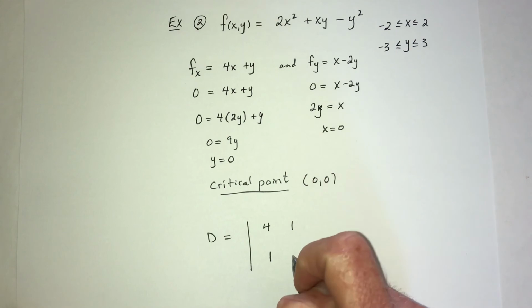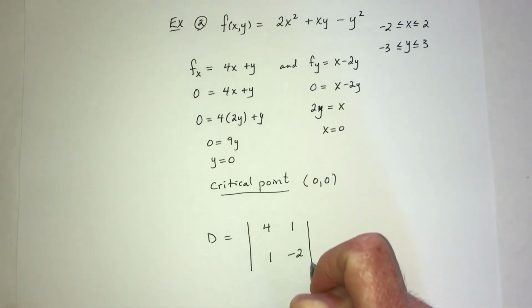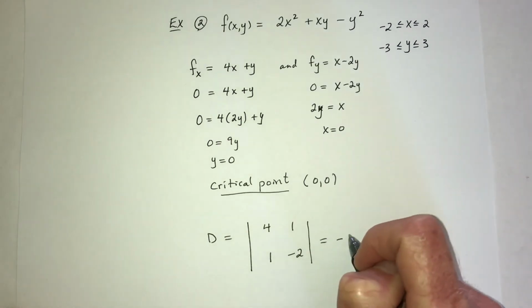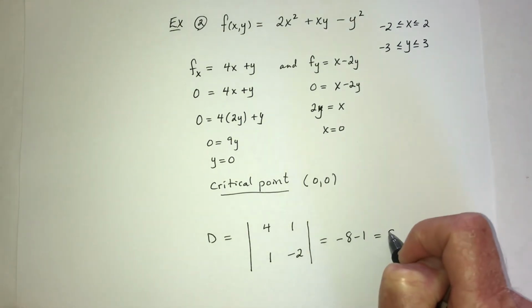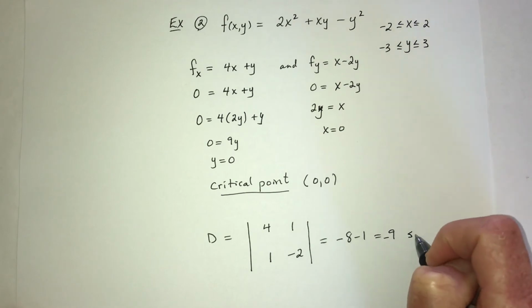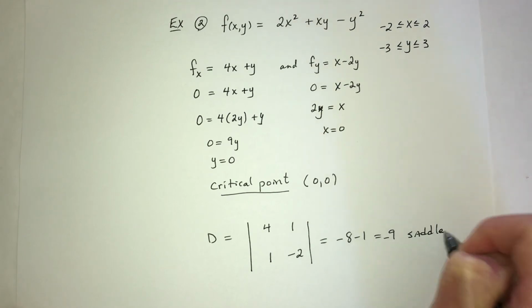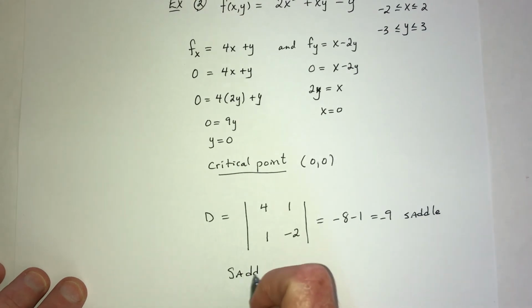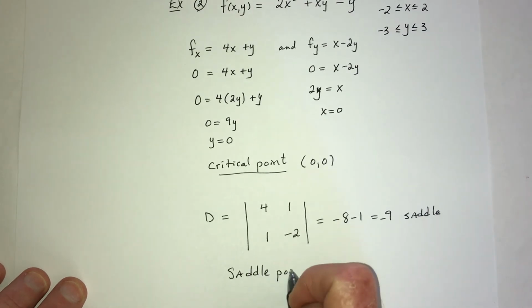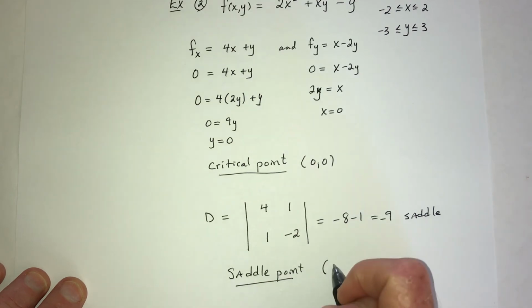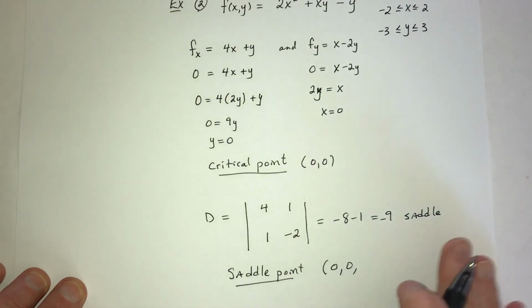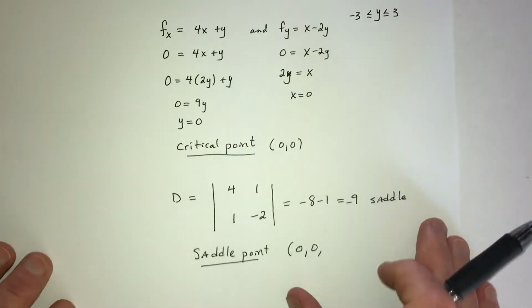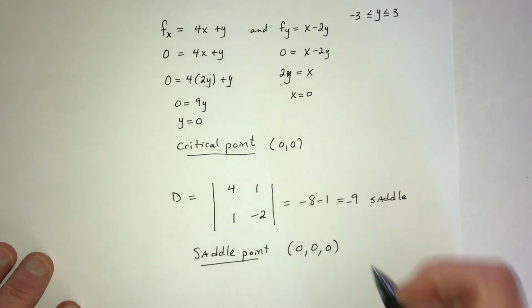That's going to be a negative 2. So this would be negative 8 minus 1. So that is a negative number, which means there's a saddle point. So saddle point when x equals 0, y equals 0. And if x equals 0 and y equals 0, then z equals 0 also. So there's a saddle point at the origin.